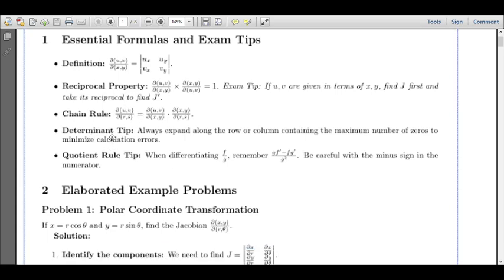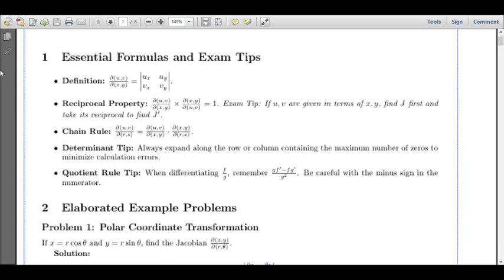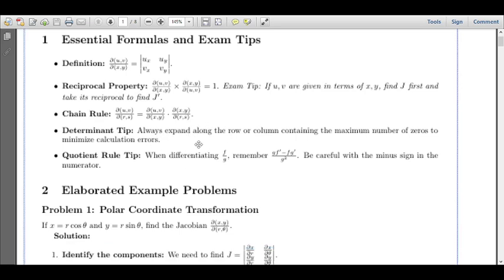And this is the important determinant. Suppose you have a 3 by 3 determinant, if we have the Jacobian of functions of 3 variables, u, v, w with respect to x, y, z, dou of u, v, w by dou of x, y, z, or if the determinant involves complex terms, we always expand the row or column containing the maximum number of zeros to minimize the calculation errors.